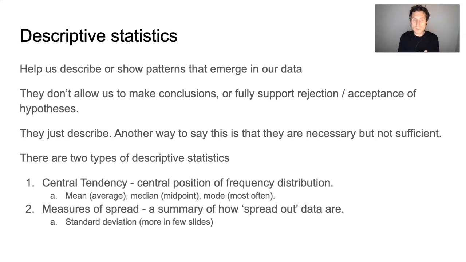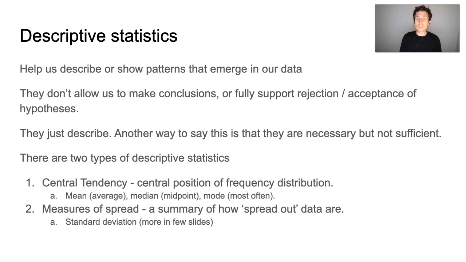Now, it's important to note that descriptive statistics don't necessarily allow us to make firm conclusions. They rarely help us fully support a hypothesis or fully reject a hypothesis. What they do is describe.